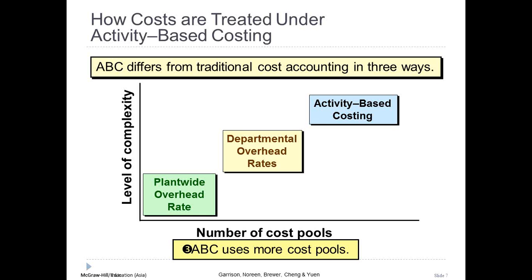Therefore, the total number of ABC cost pools will definitely exceed 1, as in a plant-wide approach, and it's likely to exceed the number of departments within a company, as in the departmental approach, since more than one activity is often performed within each department.